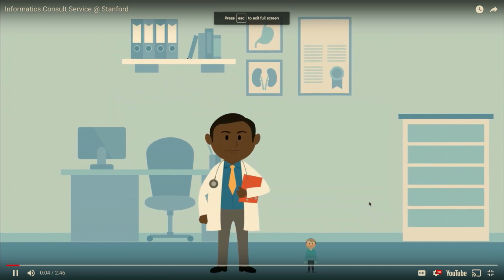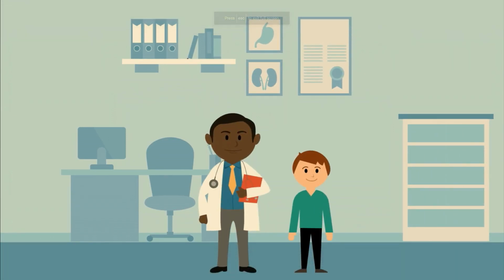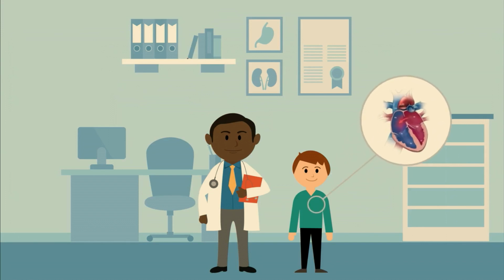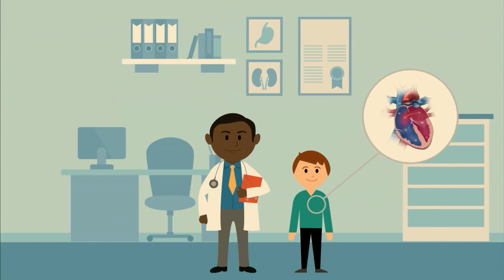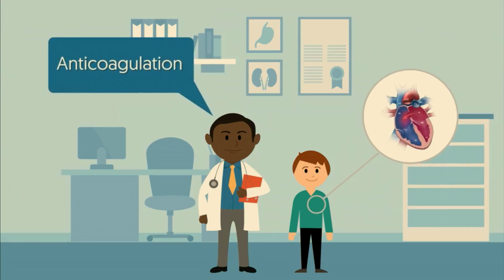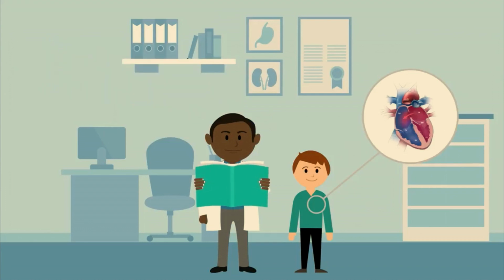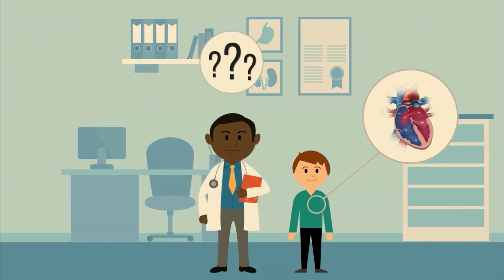Imagine you are a pediatric cardiologist seeing a new patient with an incidental diagnosis of atrial septal aneurysm. You wonder about the need for anticoagulation for such a patient and read the literature to find that there's limited evidence on how to manage such a case. How do you proceed with care of this patient?